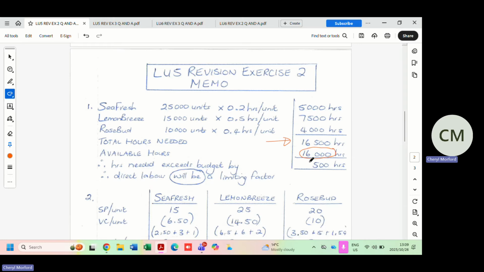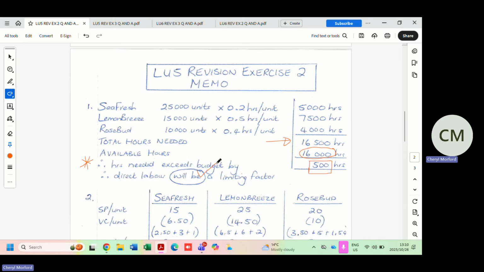So you must obviously work out that difference. It's not a lot less, but nevertheless, it is insufficient. So you must work out the difference and then answer the question. This here would be a good way of writing it up: the hours needed exceeds the budget by, and then you put the difference there, and then you wrap up and say, direct labor will be a limiting factor.